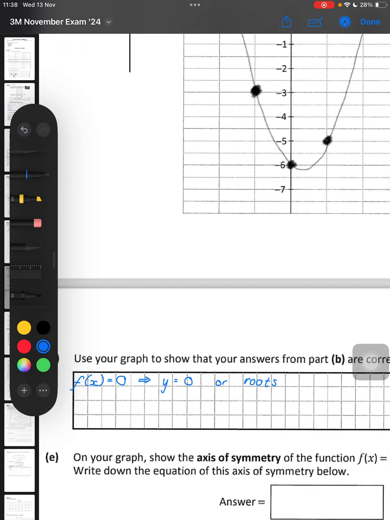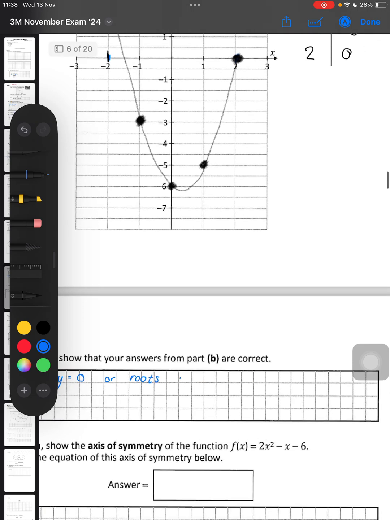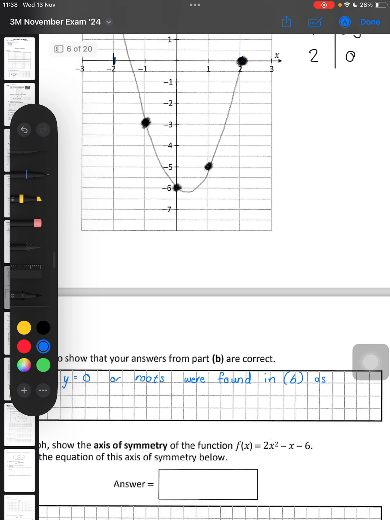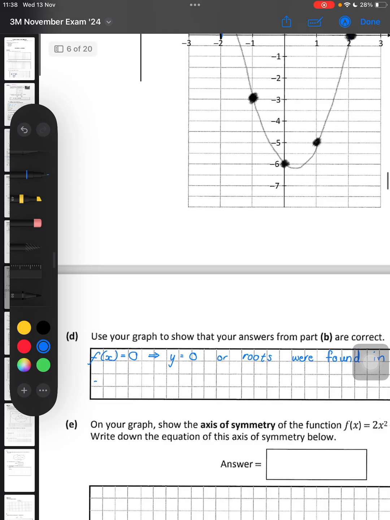So I'm going to write this out: they were found in part B as x equals minus 1.5 and x equals 2.